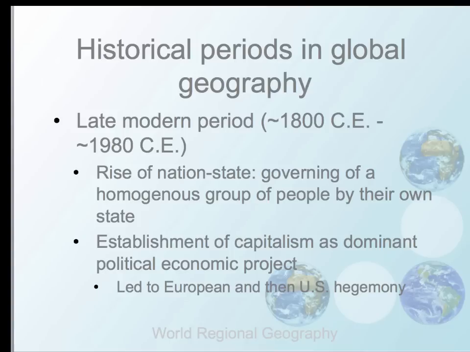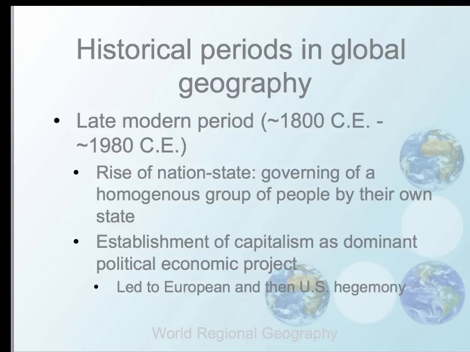The next major historical period in global geography is the late modern period, starting around 1800 in the Common Era and continuing through the 1980s, basically up to the present, which we'll be covering in greater detail later on.